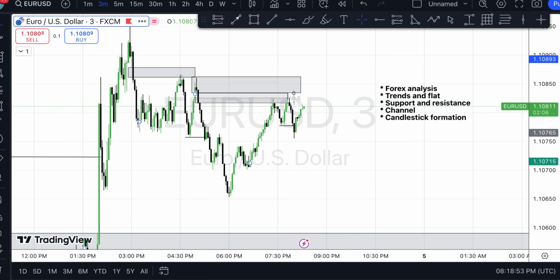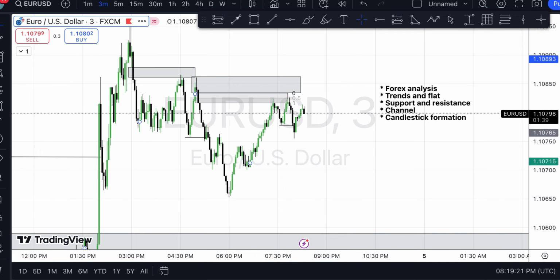So let's summarize the whole thing. The first on the summary is that forex analysis involves studying factors that influence currency exchange rates. Another key point is fundamental analysis focuses on economic, political, and social factors.